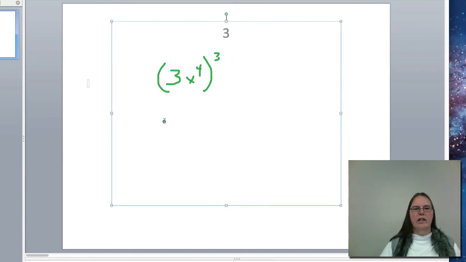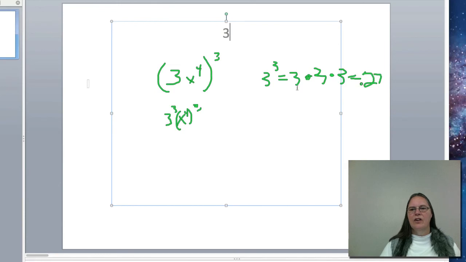So in this case, we can do distributive property, 3 to the 3rd, x to the, and we're going to do it like this, 4th power times the 3rd power. So 3 times 3 is 9 times 3. That's what this power means. 3 cubed really means 3 times 3 times 3, which is 27. 3 times 3 is 9 times 3 is 27.